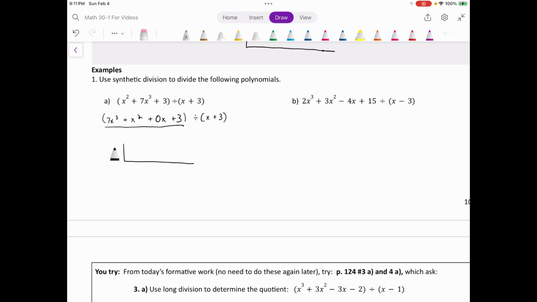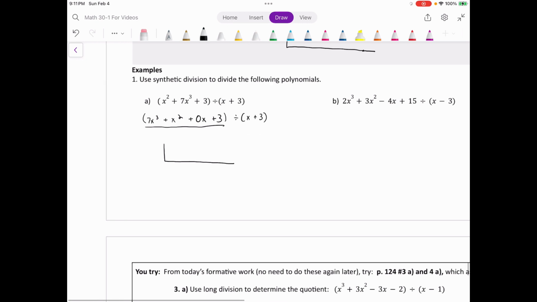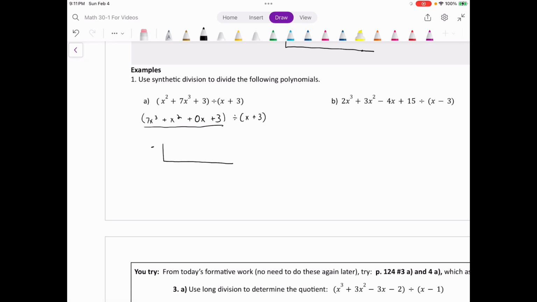So what's the a that I put over here, that 0? Well, it's negative 3, right? If x minus a is x plus 3, then our a must be negative 3. Again, I'm calling it a 0 because we'll start to see in the next lesson that if this is a factor, the negative 3 would make our function equal 0.